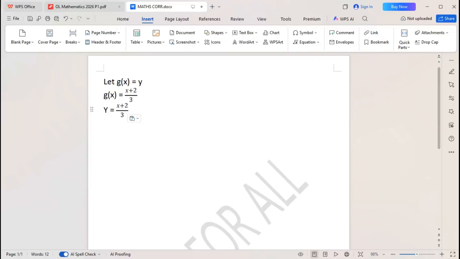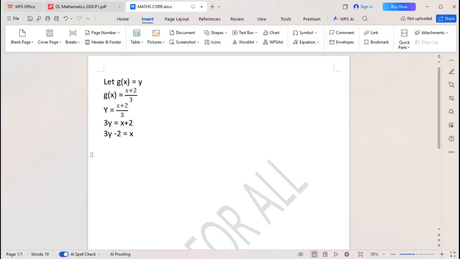From here, our goal is to make x the subject of the equation. We can start by cross multiplying. That gives us 3y is equal to x plus 2. Now subtracting 2 from both sides, we have 3y minus 2 is equal to x.